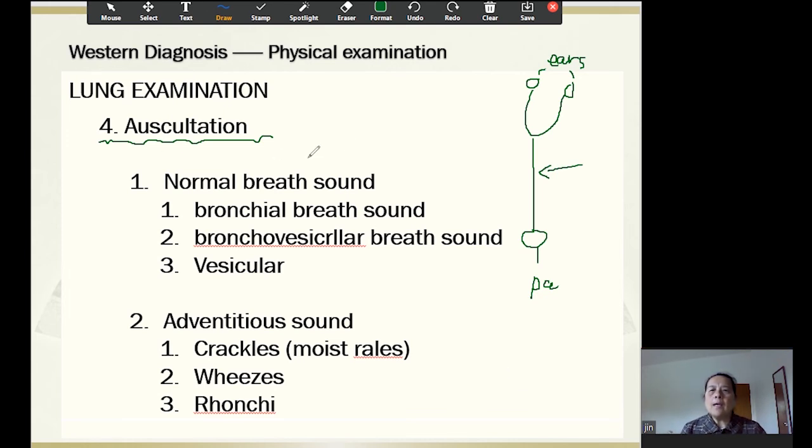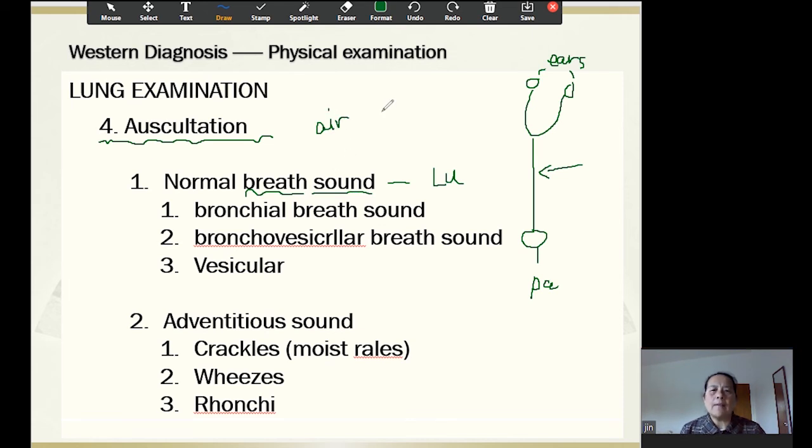So we hear the sound coming from the patient, coming from the lung, coming from the patient's breathing. Basically, the sound comes from air passing through different parts of the lung.